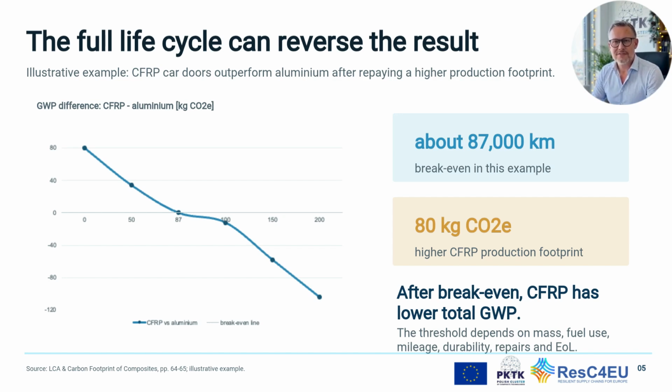Beyond that point, the CFRP option begins to achieve a lower total GWP. It is important to stress that 87,000 kilometers is not a universal figure. The threshold depends on the use profile, mass, fuel consumption, durability, repairs, and end of life. This is precisely why LCA should be used to test scenarios rather than to confirm a conclusion chosen in advance.